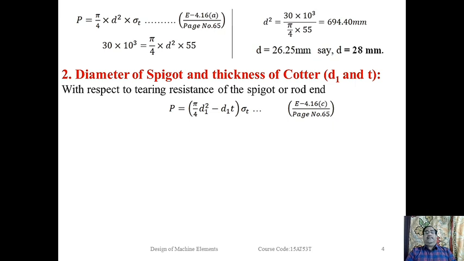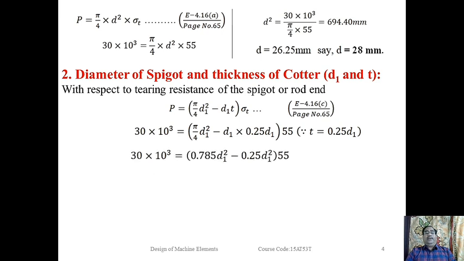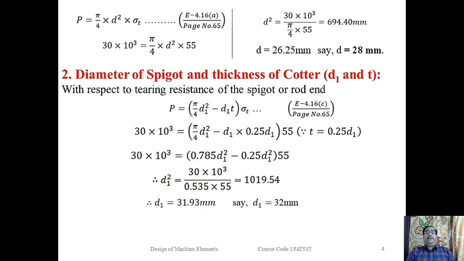Again, by substituting the values of P and sigma T, and also the thickness t is equal to 0.25 D1, the value of D1 is equal to 32 mm, and the thickness of quarter t is equal to 0.25 D1, so small t is equal to 8 mm.